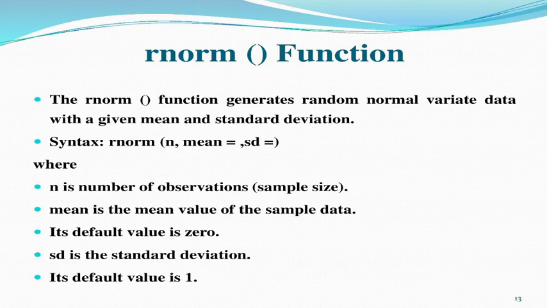Syntax is rnorm(n, mean=, sd=), where n is the number of observations, mean is the mean value of the sample data. Its default value is 0. SD is the standard deviation. Its default value is 1.